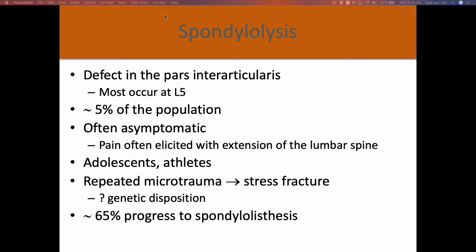The mechanism is thought to be repeated microtrauma resulting in a stress fracture. But there's also the question of whether there is a genetic predisposition in certain patients who present with this. And it is not uncommon for this to progress to spondylolisthesis, so it's always something to keep in the back of your mind in these cases.